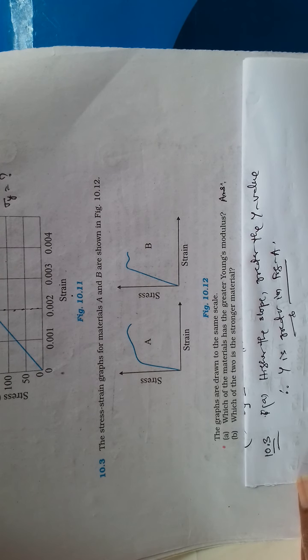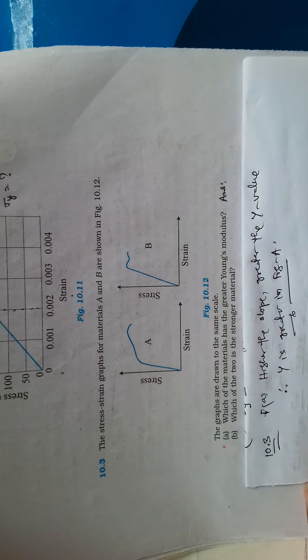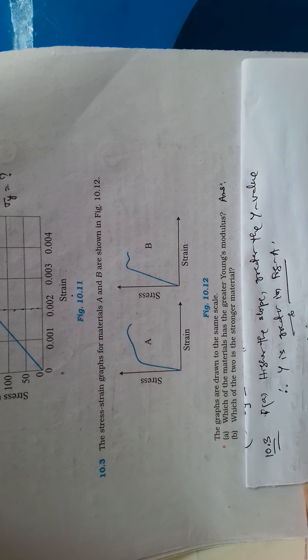The strength of a material is decided by the stress corresponding to the tensile point. If you look at the two graphs, the stress corresponding to the tensile point is larger again in the left hand side graph. Therefore, material A has greater strength.